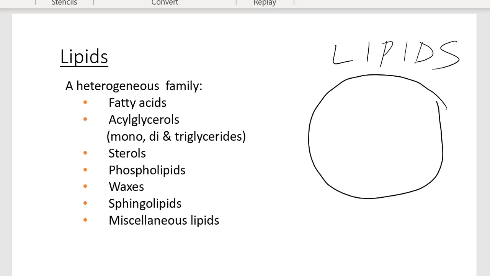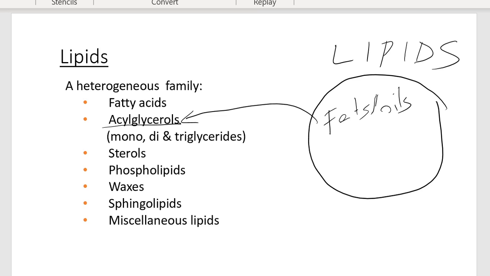So in this big lipid family, there are major lipid compounds like fats and oils, which are chemically referred to as acylglycerols, and specifically 3-acylglycerols.